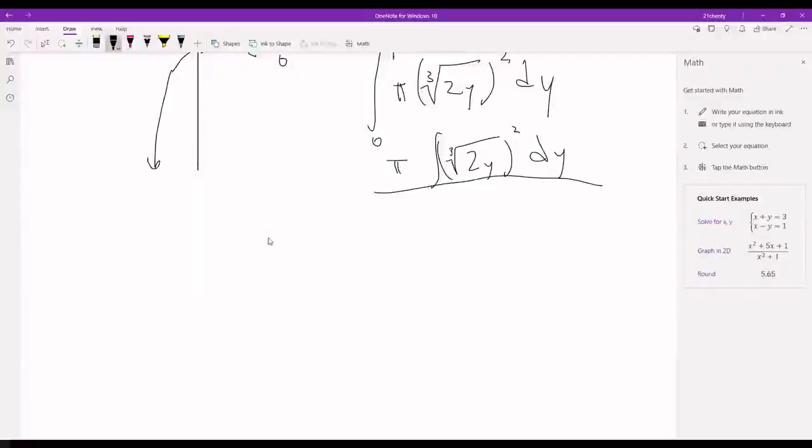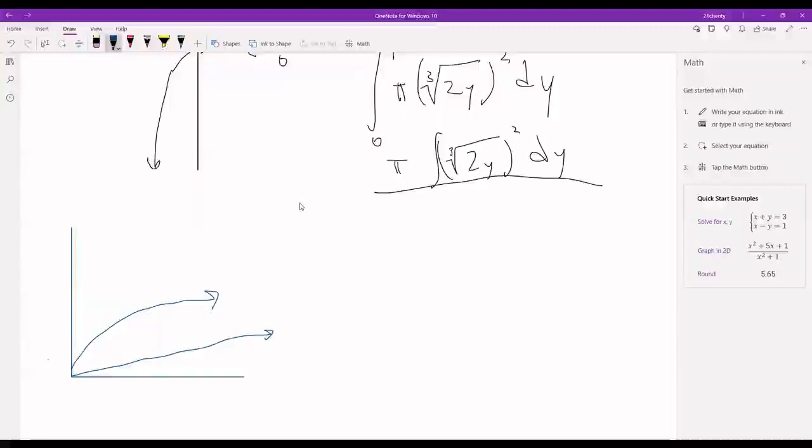Now, if there's a hole in the solid of revolution, I think that's what they're called. So instead of just going to x squared, we'll go x squared and, I don't know, 1/4 x or something like that. Or this is the square root of x, and this is 1/4 x.